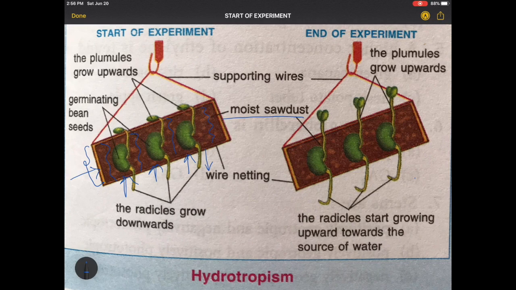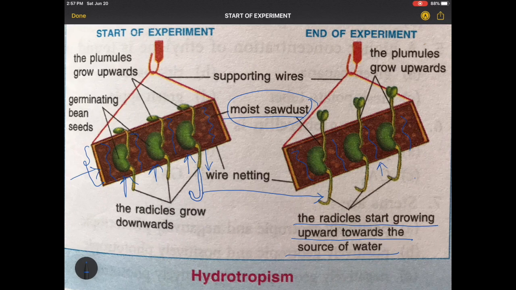But after some days you will see that it will grow down for some days and then it will start moving in the upward direction, which is shown here. The radicles start growing upwards towards the source of water, because this sawdust, the brown portion, is moist. So the roots are growing towards the source of moisture.